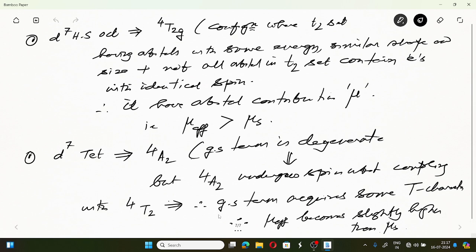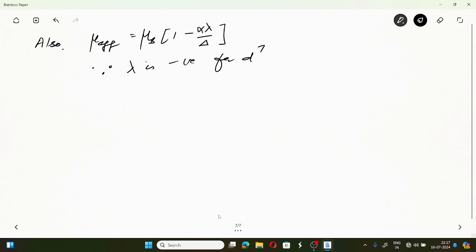Okay, now what else will we say? Also we know that mu effective equals mu s into 1 minus alpha lambda by delta. Since lambda is negative for D7 system, mu effective becomes greater than mu s.